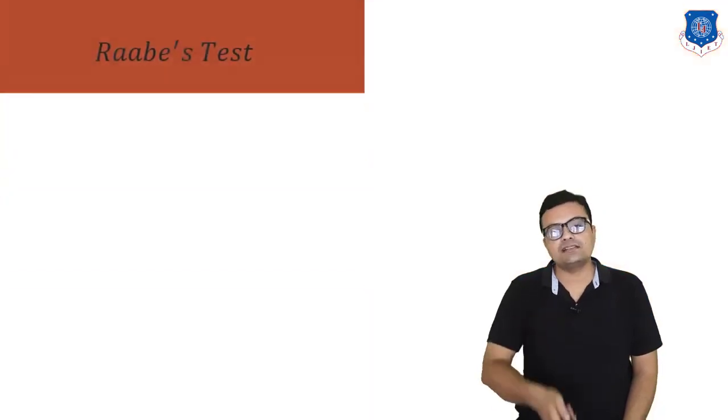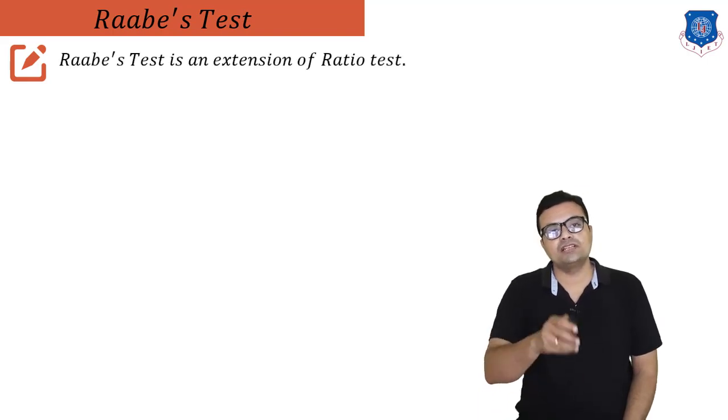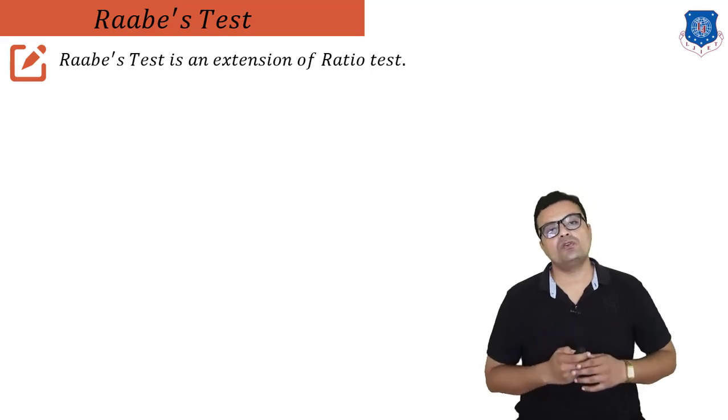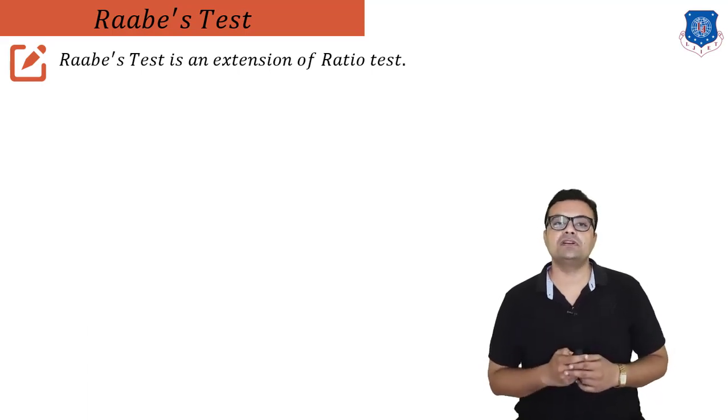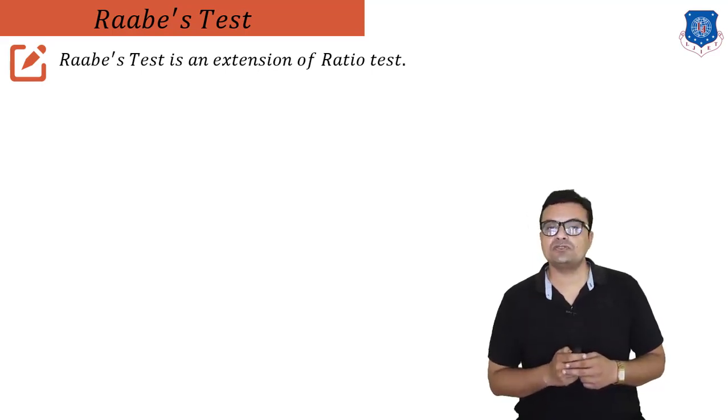The concept of Raabe's test is something like this. The first point is that Raabe's test is an extension of our regular D'Alembert's ratio test. Now if I recall, what do we mean by the ratio test?